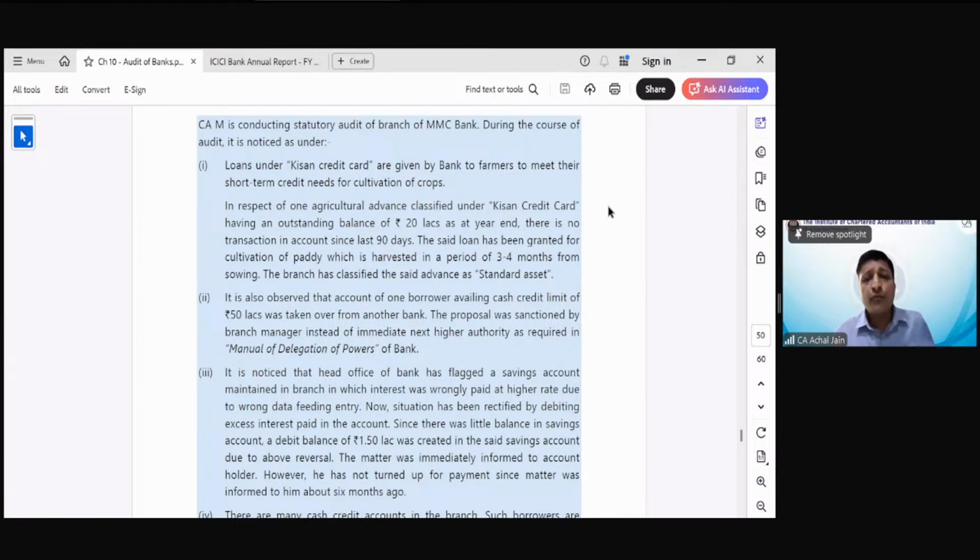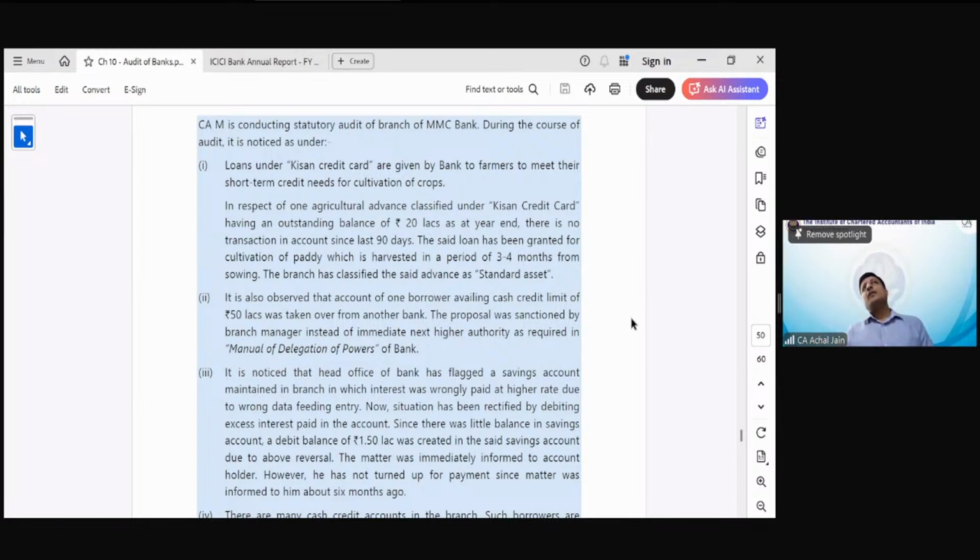In respect of one agricultural advance classified under Kisan credit card having an outstanding balance of 20 lakhs at the year end, there is no transaction in the account since last 90 days. The said loan has been granted for cultivation of paddy, which is harvested in a period of 3 to 4 months from sowing. The branch has classified the said advance as standard asset.